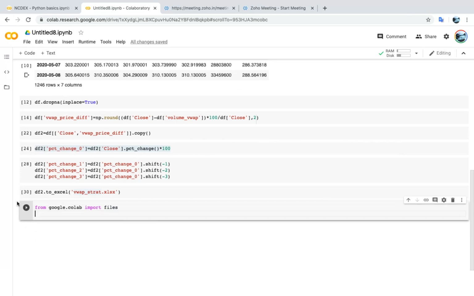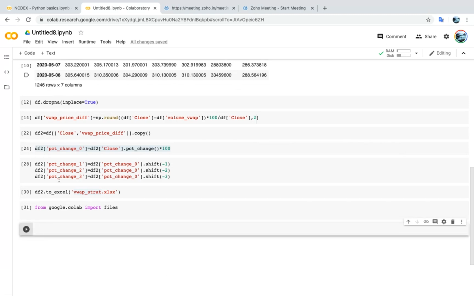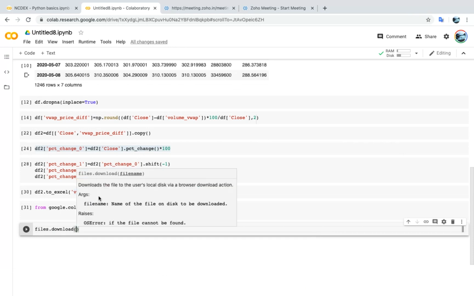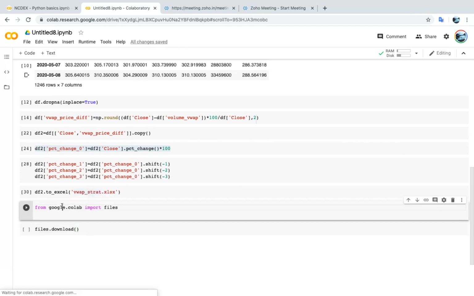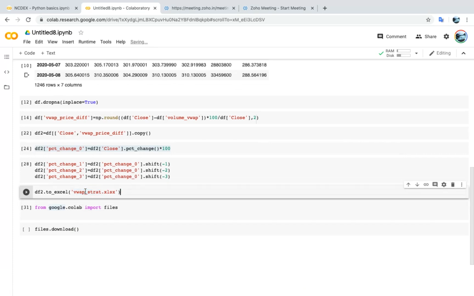So what I will do, I will run this. Go to the next cell. So I will use this function of Google Colab. It has a function called download. And I will use this file here.